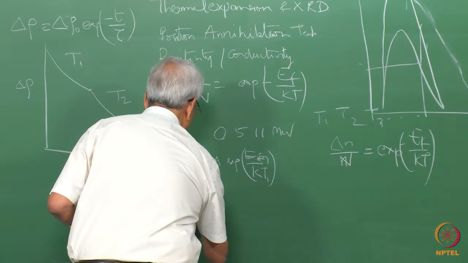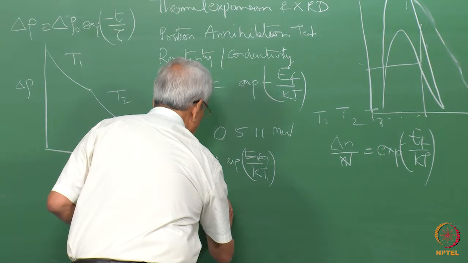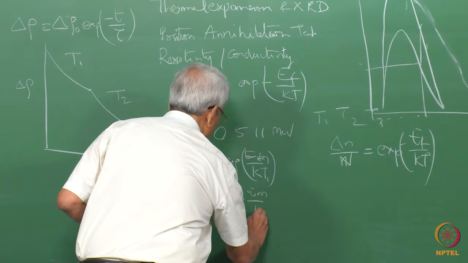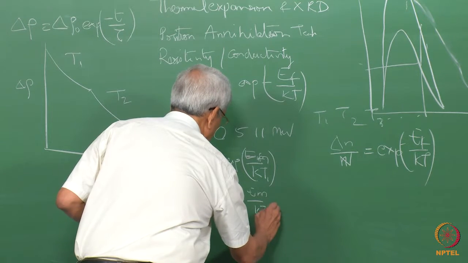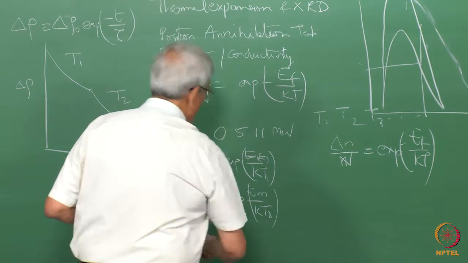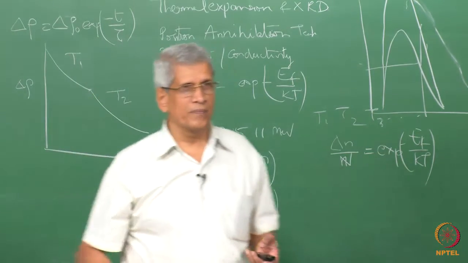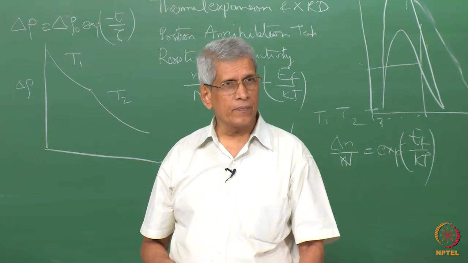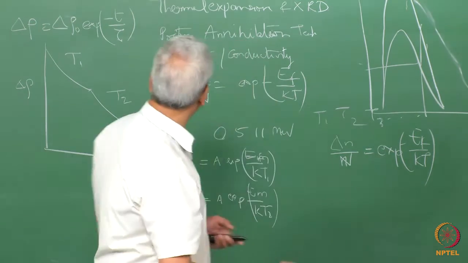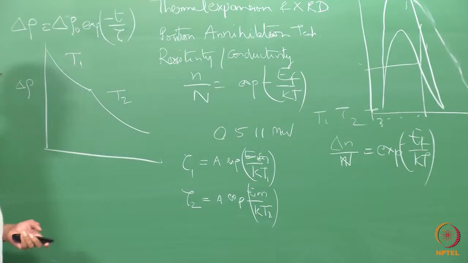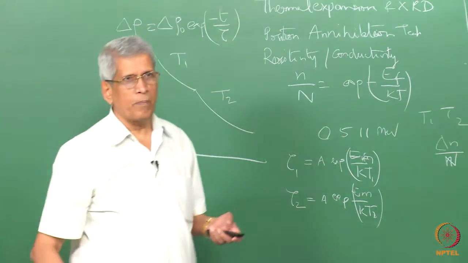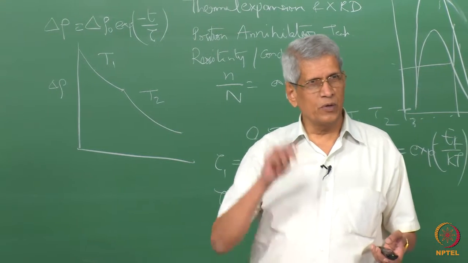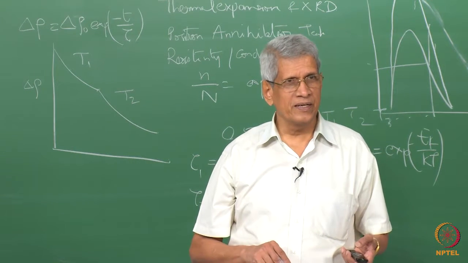If I do an experiment at T2, this will be tau 2, correct? If I take the ratio of this, we get this expression. From a plot like this, from the curvature of the plot, we can find out tau 1 and tau 2. We know the temperature at which we have done it.